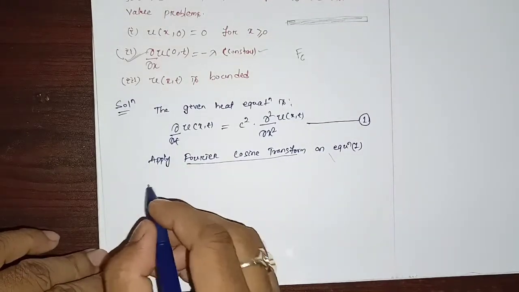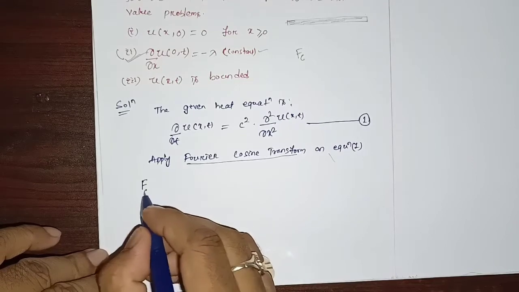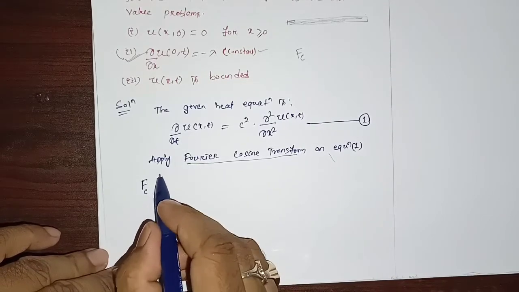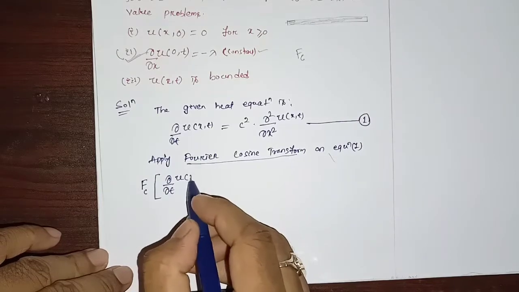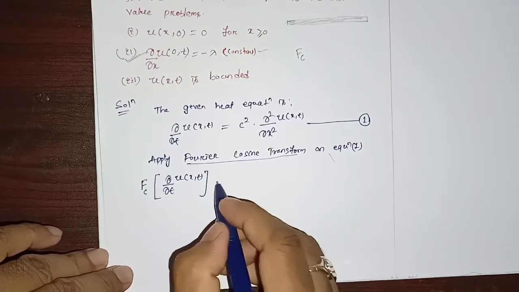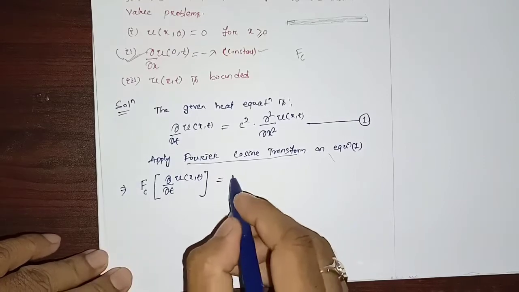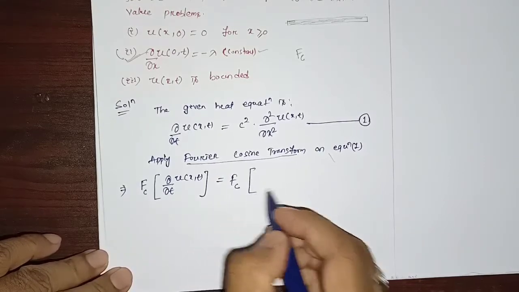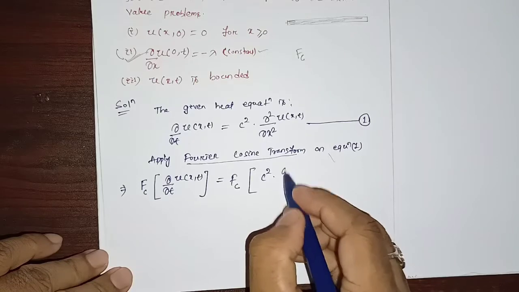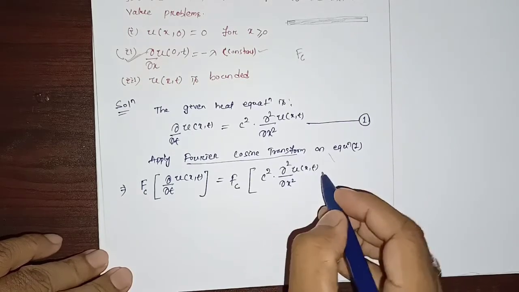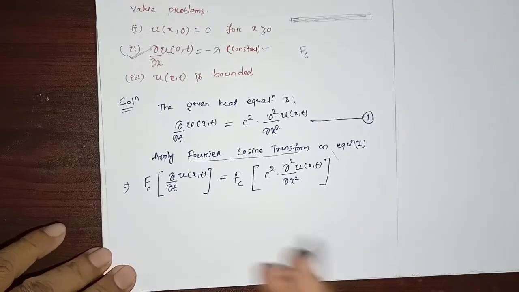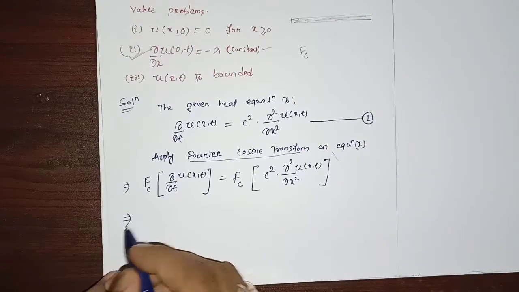So you have to apply the Fourier cosine transform on the left hand side of equation number 1, ∂/∂t of u(x,t), which implies Fourier cosine transform applied over c² ∂²/∂x² of u(x,t).